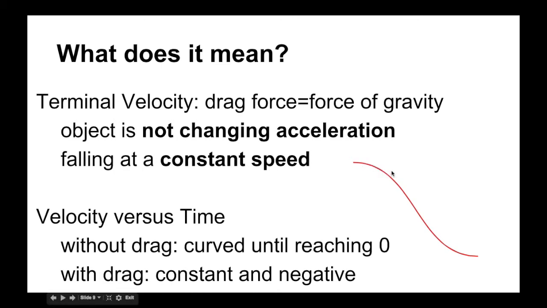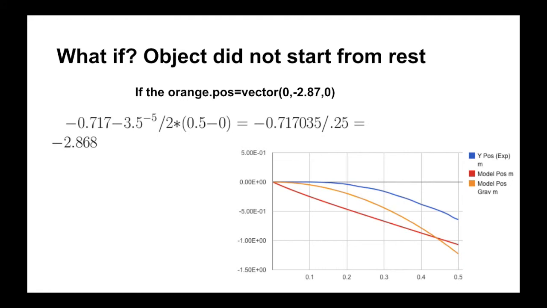So it will look something like this beginning part, and then it'll bottom out with a slope of 0 from there on out. And then with drag, it'll be constant, much like this. With the drag, you won't see this curved part here, you'll see really this middle part where the slope is constant. So it'll be constant velocity when we include a model that does have drag, because the drag force will be equal to the force of gravity at that point.